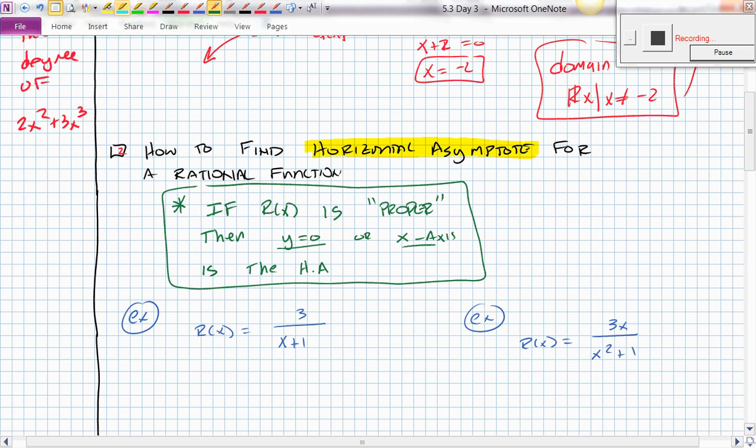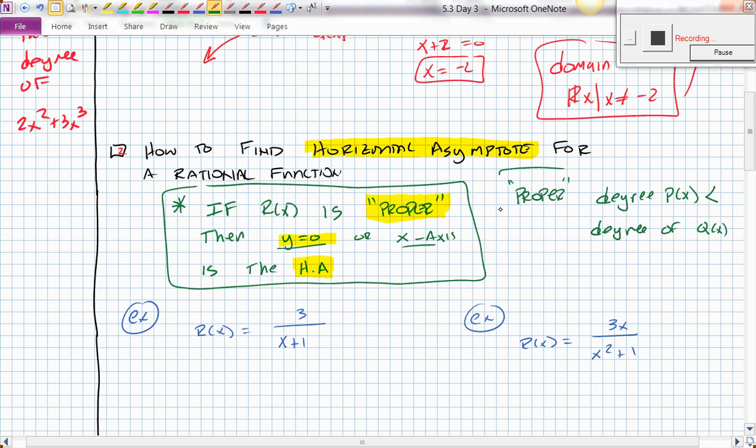Okay? So what does it mean for a function to be proper? Because if it is proper, then y equals 0 is the horizontal asymptote. You don't even have to think about it, right? So proper means this: if the degree of p of x, which is the numerator of your rational function, is less than the degree of q of x.